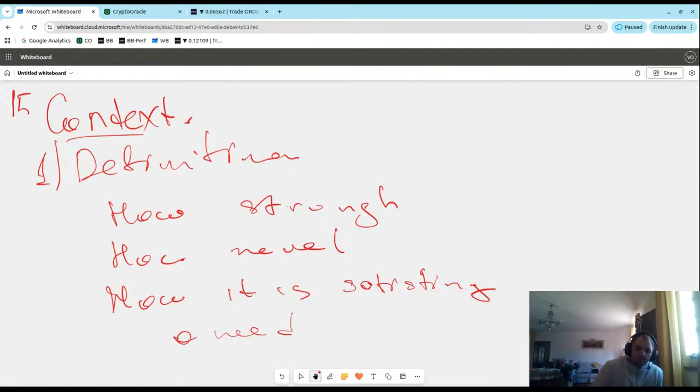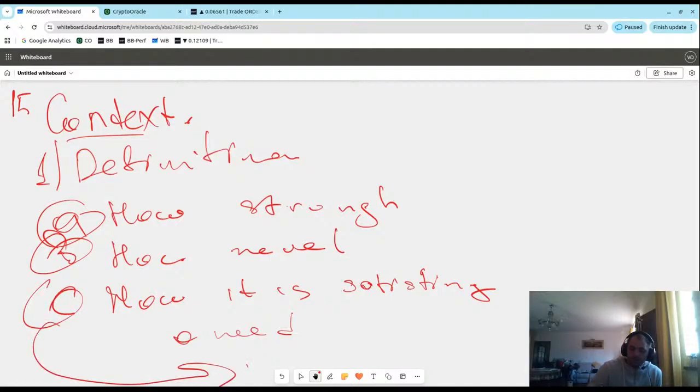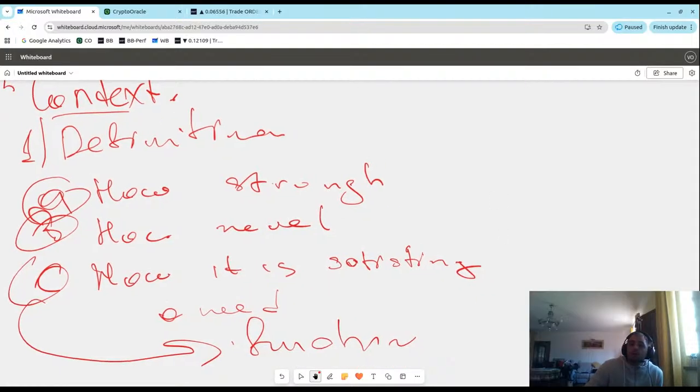This is parameter A, this is parameter B, this is parameter C, and so on. And all those parameters are getting into some mathematical function, and that function is to calculate the value of the context itself.